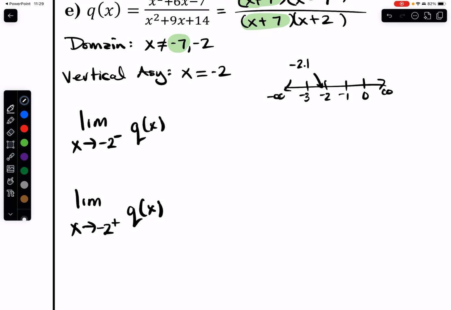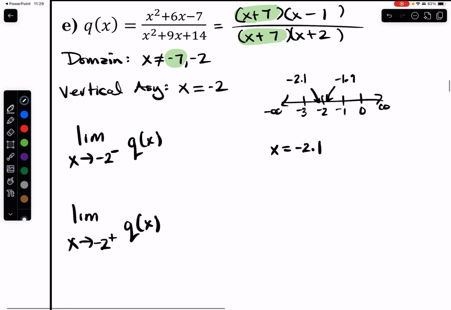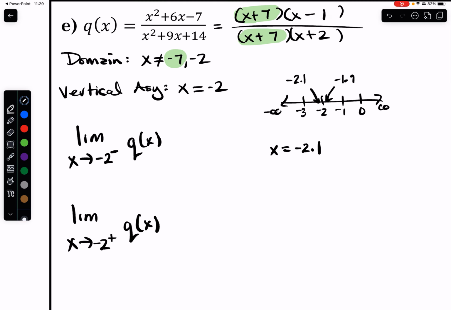And what number is going to be on the right side of negative 2? Well, the number on the right side of negative 2 would be negative 1.9. So let's first test x equals negative 2.1 on the left side. If I plug in those numbers into my factors, into this factor right there, this number plus 7, well, 7 is bigger, so it's going to result in a positive sign. This number minus 1, that's going to make it negative.